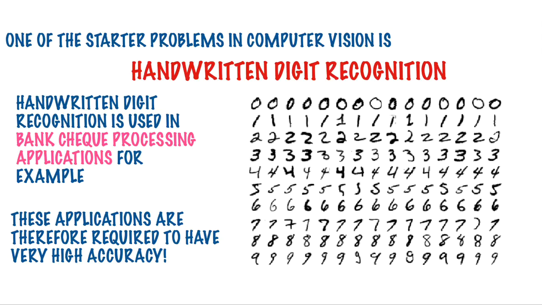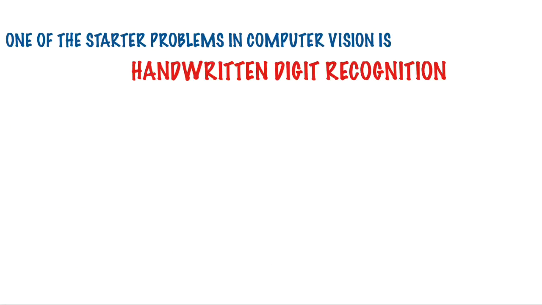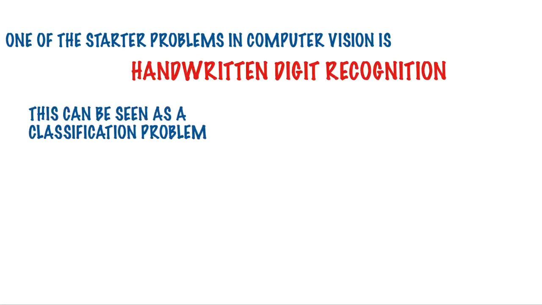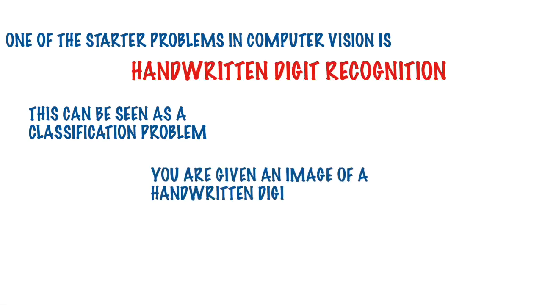Imagine the ruckus if the program read a 0 as a 9 or vice versa. So this is a problem that people have been trying to solve for many, many decades, in fact. There are many, many different proposed solutions with varying degrees of accuracy. But at the heart, all of these different proposed solutions are basically different approaches to solving a classification problem.